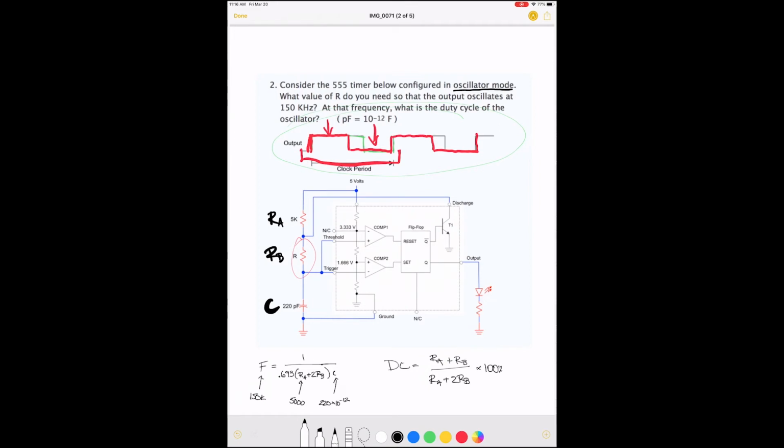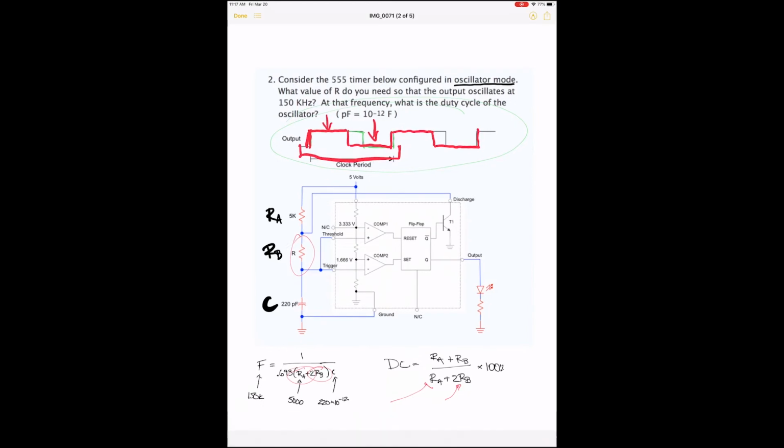And so after you solve for RB in this problem, and you already have RA, you just plug those in to their respective locations in this equation, and you will get the value of the duty cycle. Okay, so not too bad on that one.